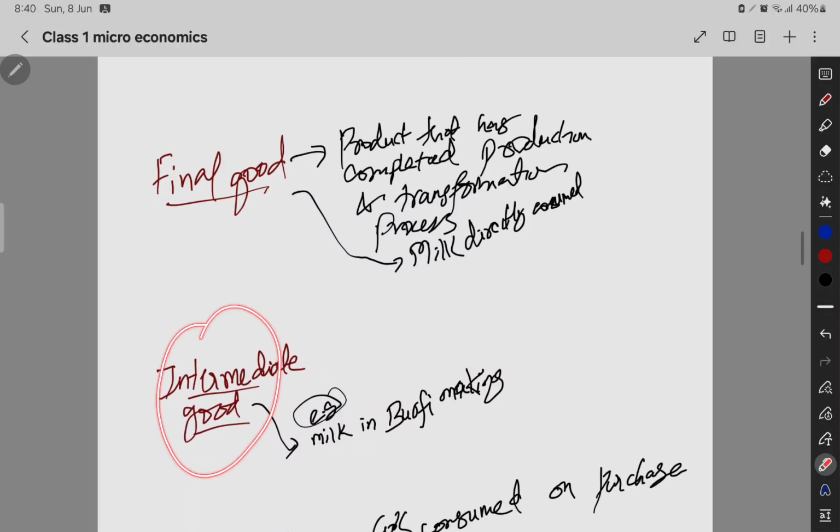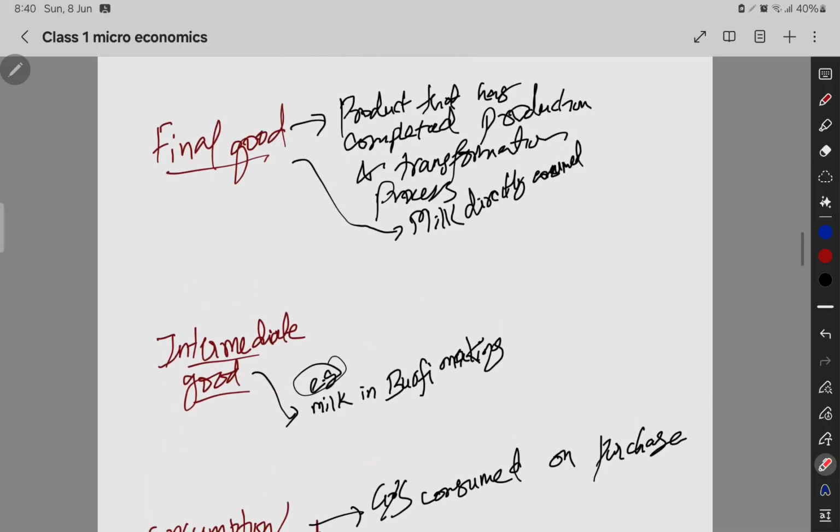What are intermediate goods? Example, they are in between: production is done but packing and such is not done, so they have not reached the final stage. Such goods are called intermediate goods. They are consumed in the process and these are not the final products.